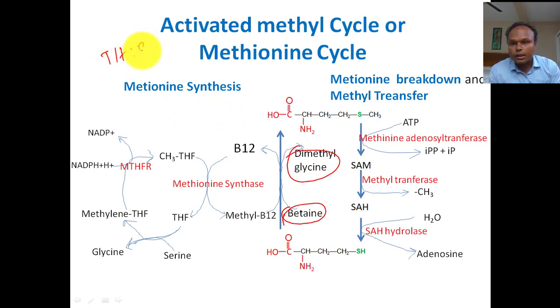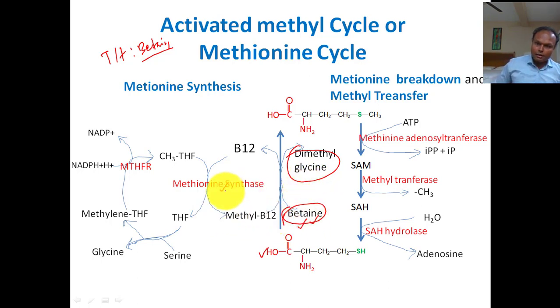Betaine is given so that this conversion of homocysteine into methionine can happen. There is a different enzyme for this conversion of homocysteine into methionine that utilizes betaine, and that is why this is a very important concept for treatment.